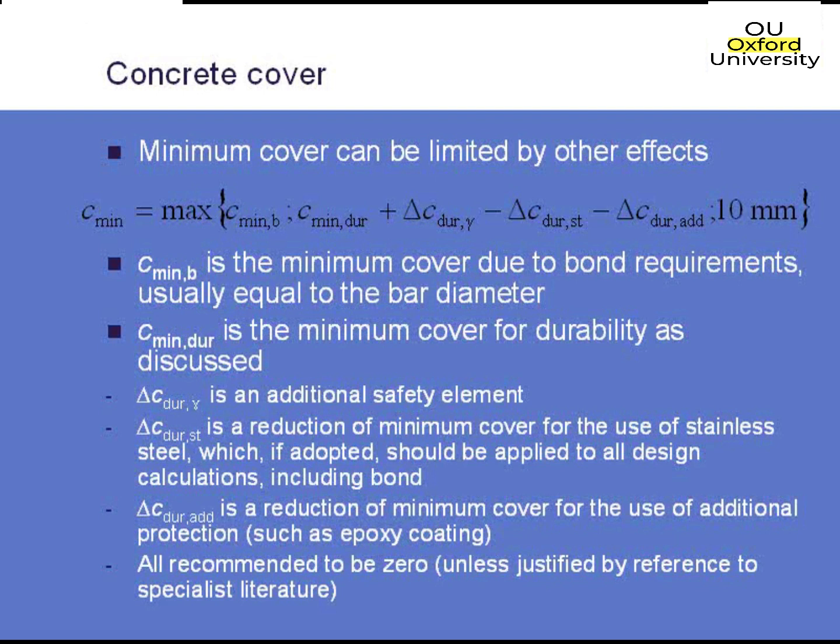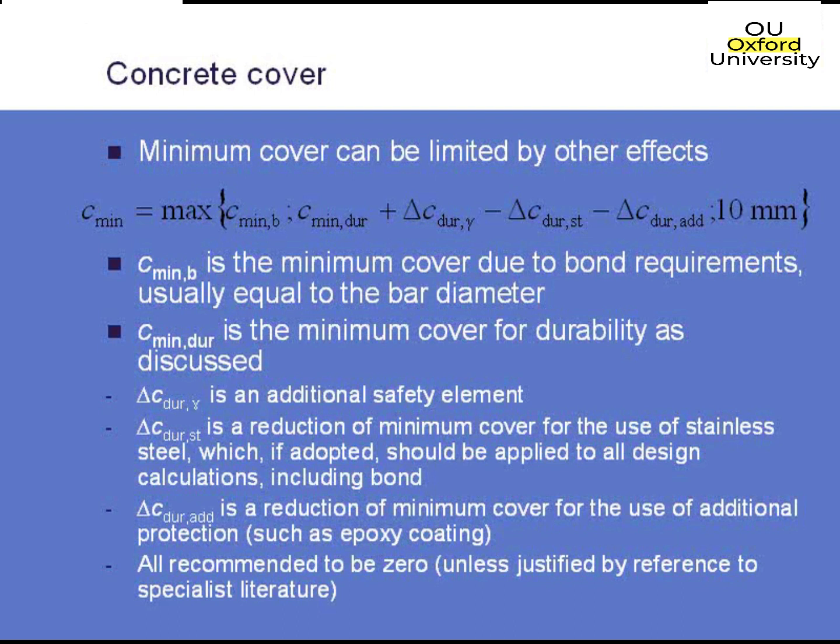So if you have any sort of additional safety elements, if you want to reduce the minimum cover for using stainless steel, or if you want to use any epoxy coatings or something like that to provide extra protection, it also allows you in there to take benefit of that.